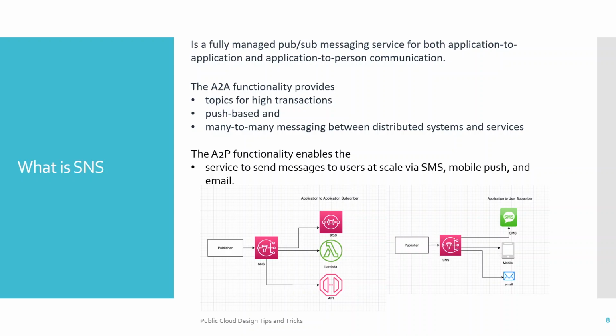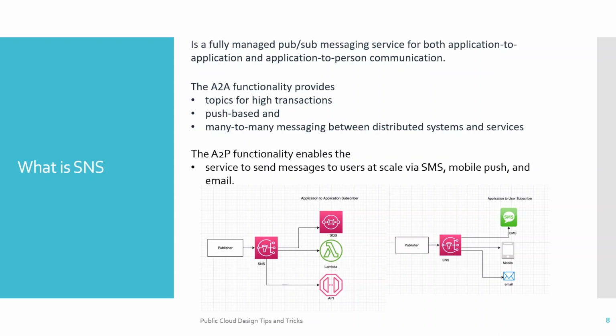Now, what is SNS? Simple Notification Service is a fully managed publish-subscribe messaging service for both application-to-application and application-to-person communication. So there are two types of functionality, A2A and A2P. A2A is application to application, A2P is application to person. So what is A2A?